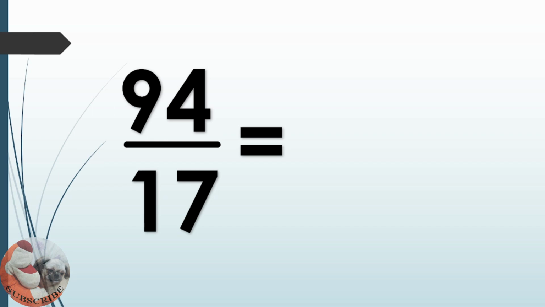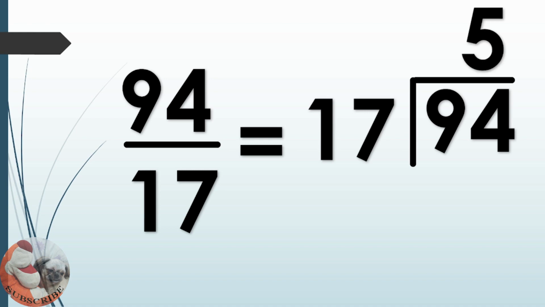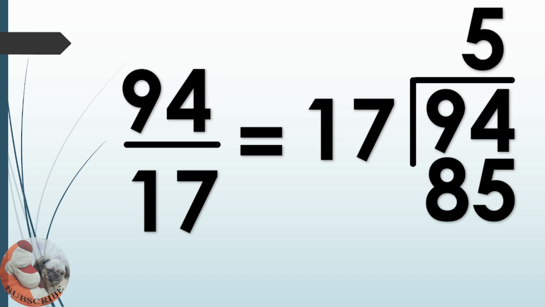How are you going to do it? 94, which is the numerator, divided by 17, which is the denominator. How many 17s are there in 94? So we have 5. So 5 times 17 is equal to 85.